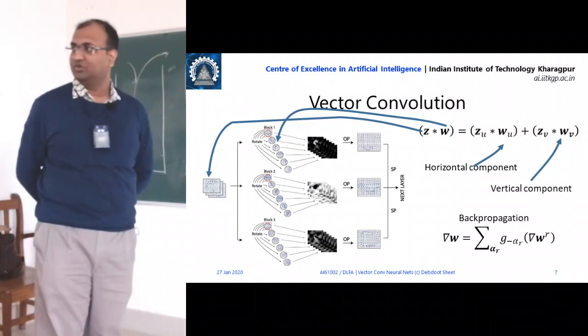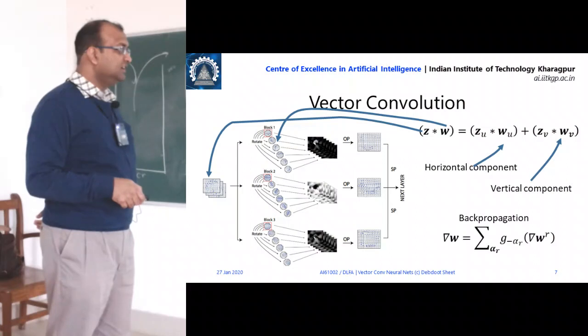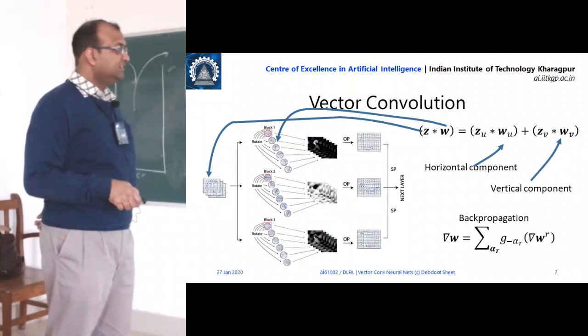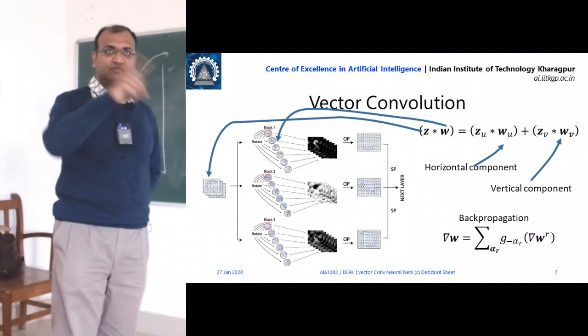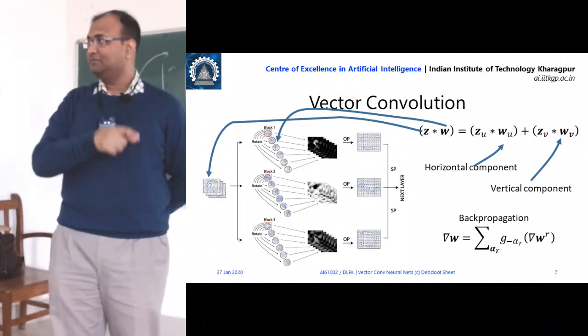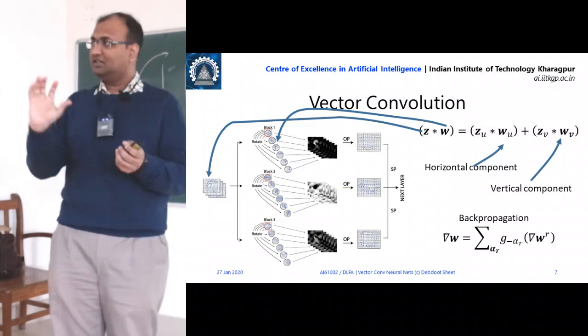Now if I want to do back propagation, you can easily derive that the nabla W, the change of weight, is the same as applying the inverse transformation, because you had a G of alpha, which was your forward domain transformation. So if you want to back propagate, whatever gradients come down, you will have to apply all of those in the reverse order.